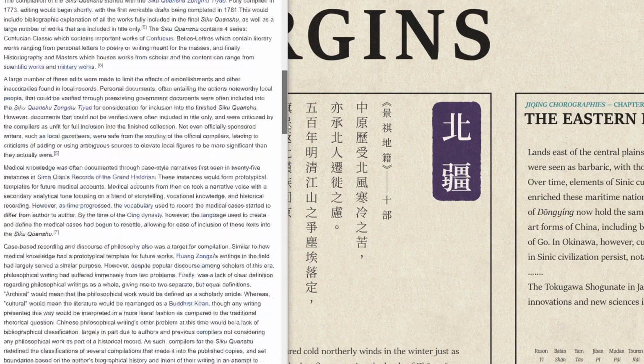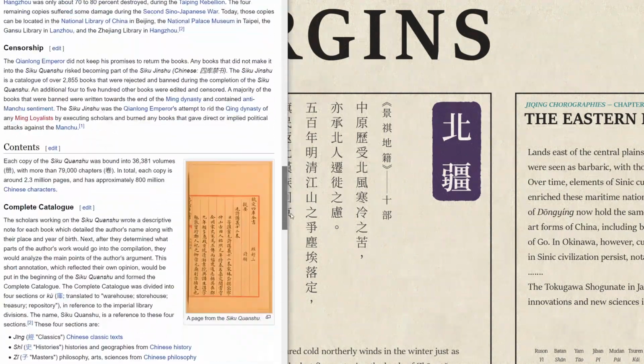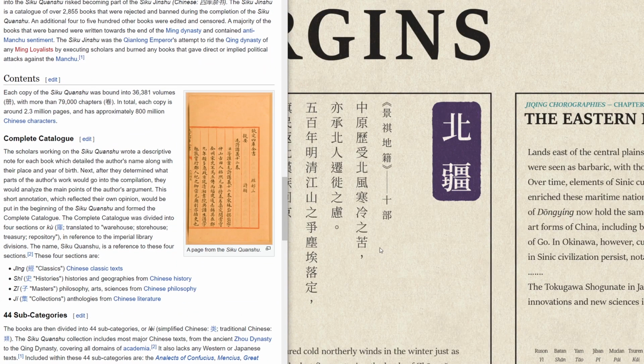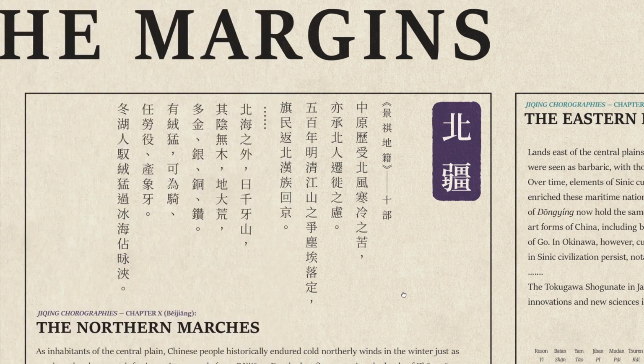Like Siku Quanshu, before Encyclopedia Britannica, Siku Quanshu was the biggest encyclopedia in the world. And Siku literally means 4 warehouses. There's a warehouse for histories, a warehouse for classics, a warehouse for... And so it's 4 warehouses collected. And it's associated with a specific emperor. He patronized it.